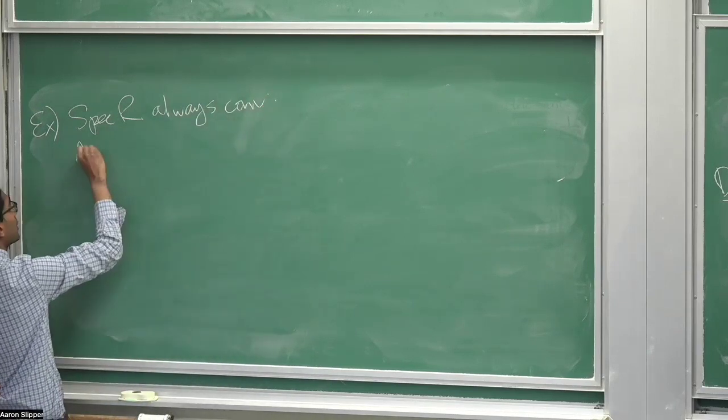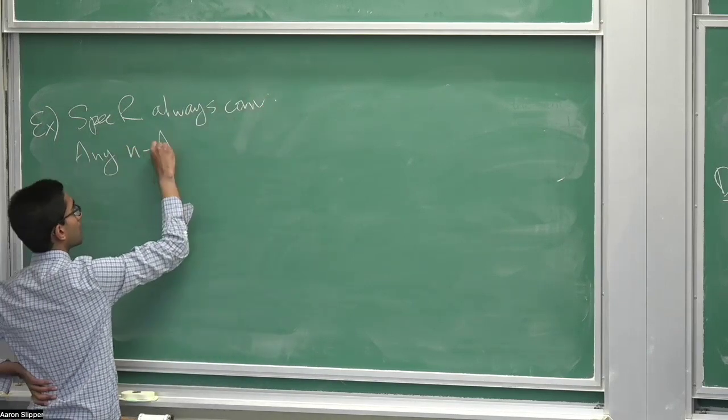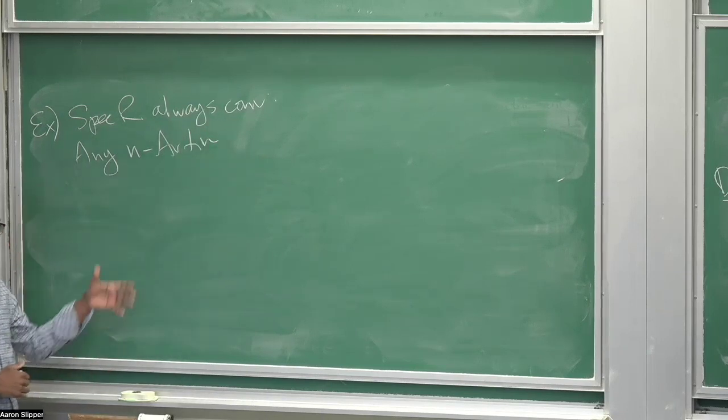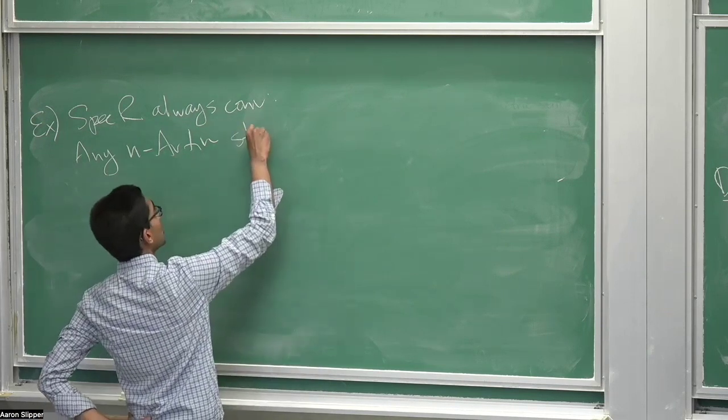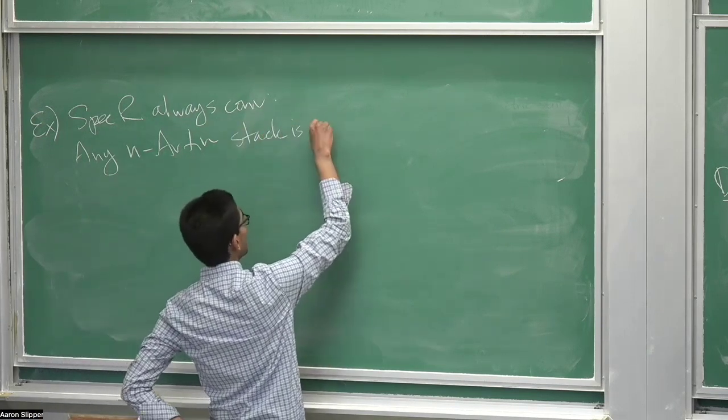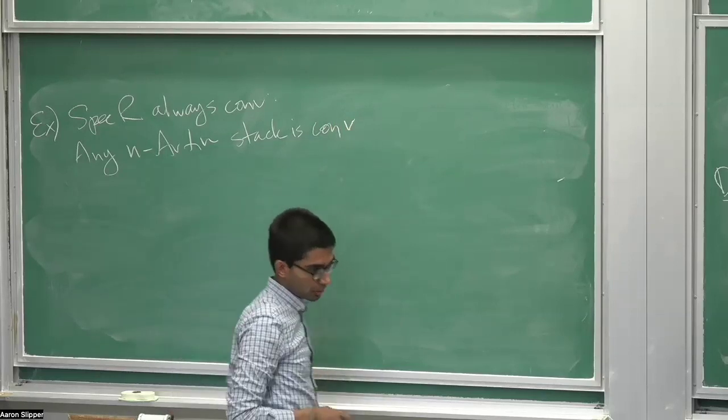And in fact, any n-stack, we haven't done that yet, but for example any classical R-stack, will be as well. So this is a pretty mild condition.